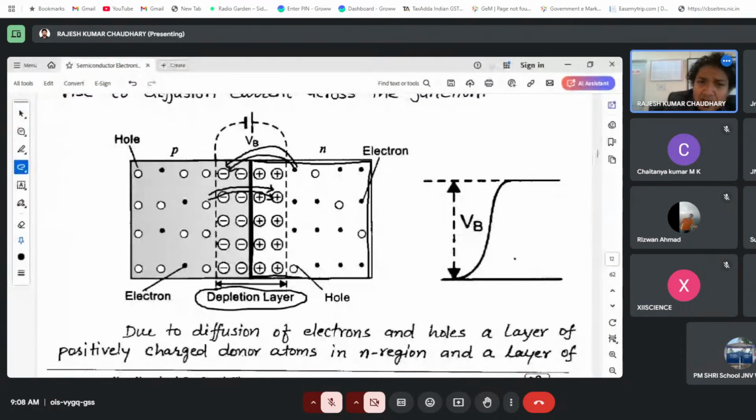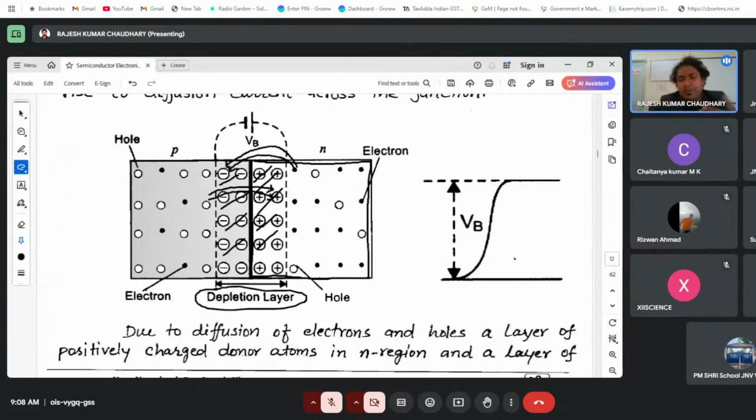Electrons. So before the diffusion process, in this region the majority charge carriers were electrons, and in this region there were holes. Why? Because we know that in p-type semiconductors, holes are more.